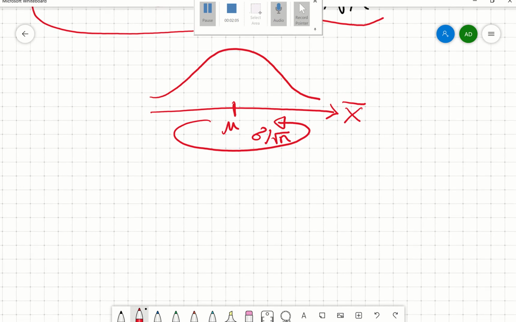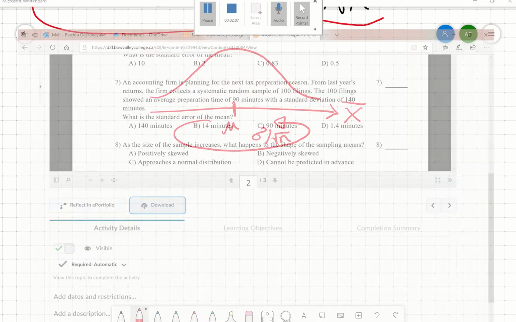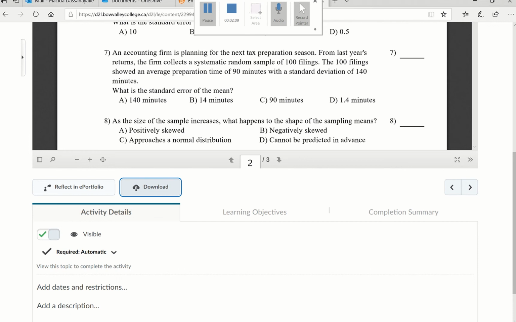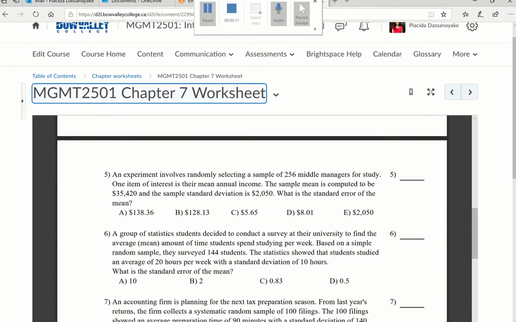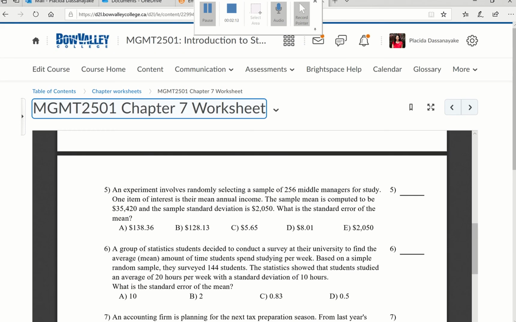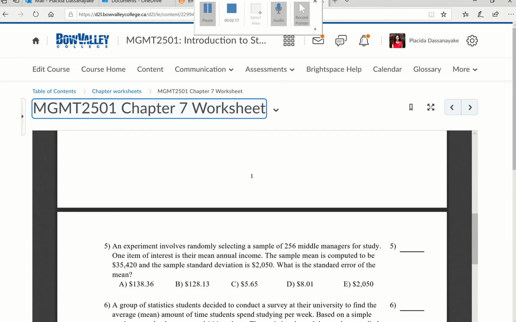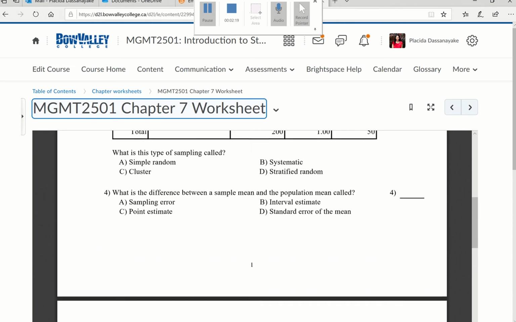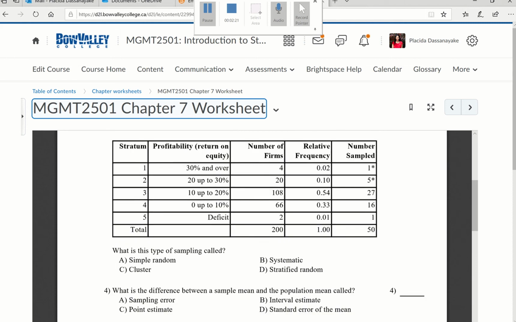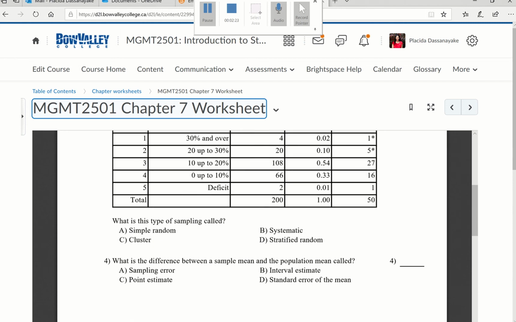Okay, so I'm going to use our worksheet. Go to the chapter 7 worksheet and we will start from number 4, because I asked you to do up until number 3.